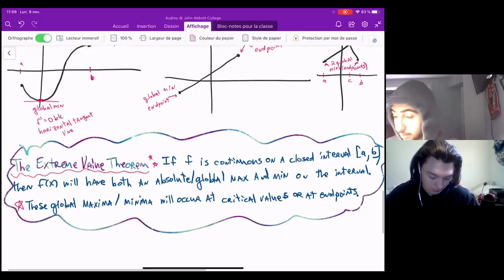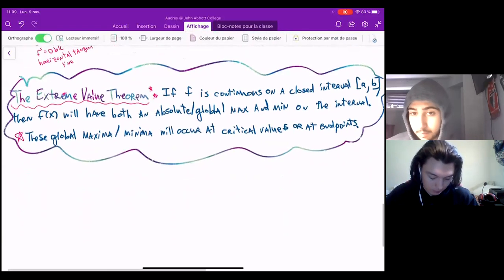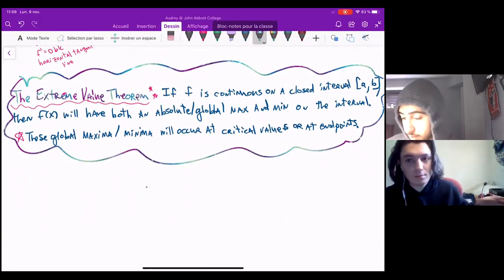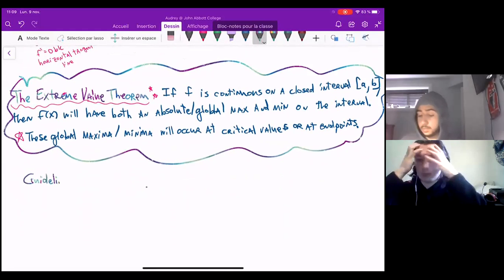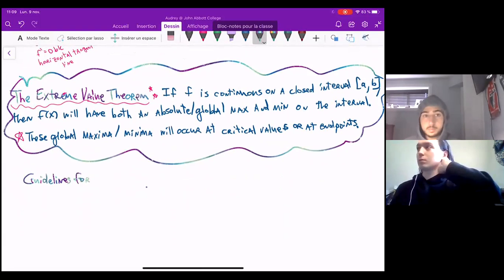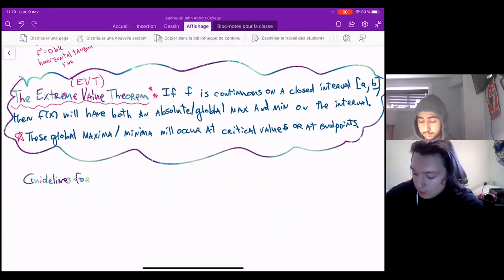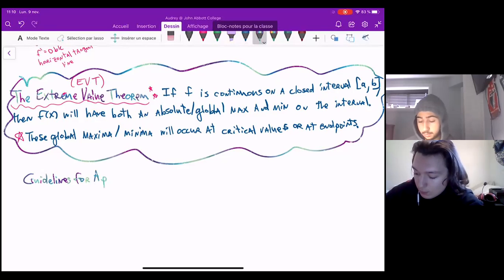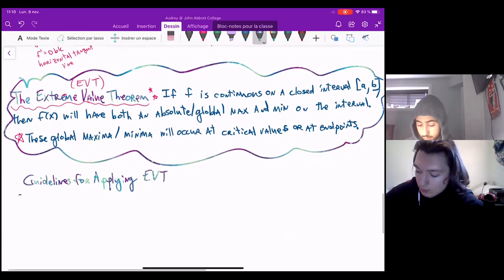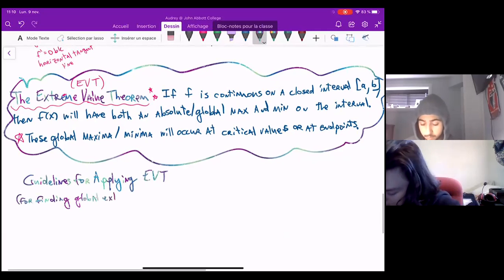So we're going to also write down some guidelines for applying the extreme value theorem, which from now on I'm going to be referring to as EVT, i.e. for finding global extrema on a closed interval.